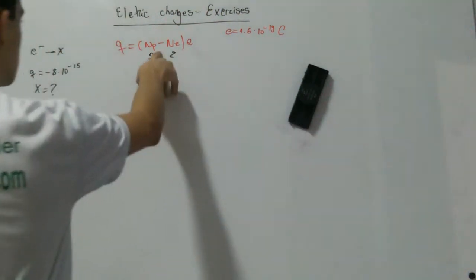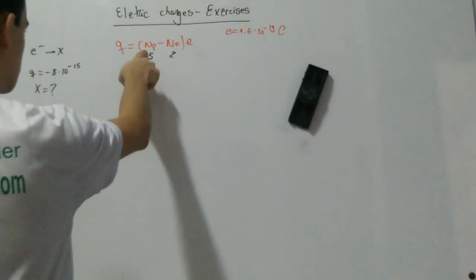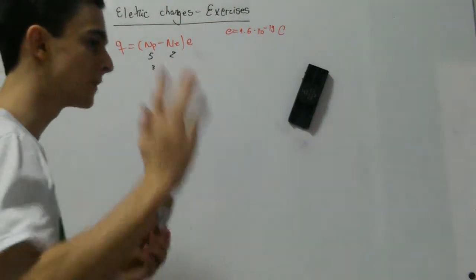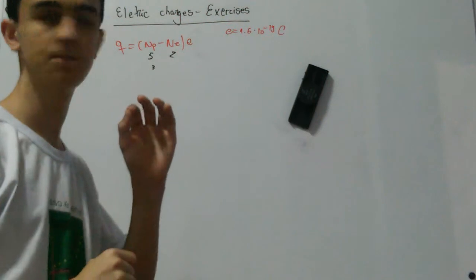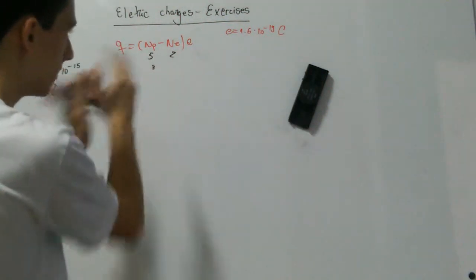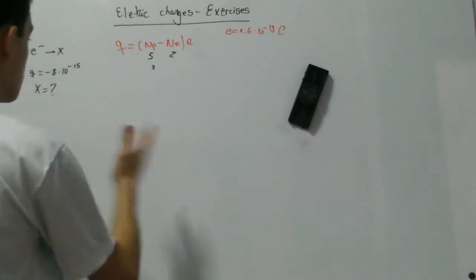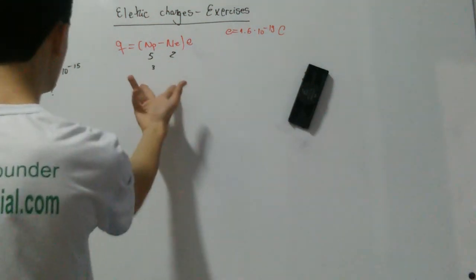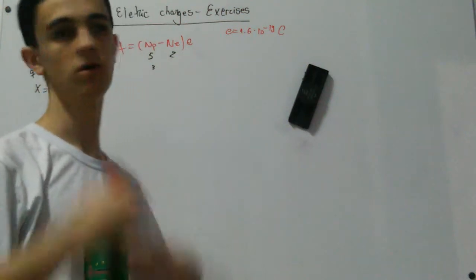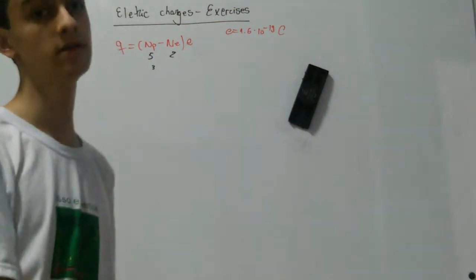So if you do it this way, number of protons minus number of electrons, we don't have to be concerned about the positive or the negative. The sign is already in the math. Because if you put it the other way, you are going to reach a number with the wrong sign, positive, and it should be negative.